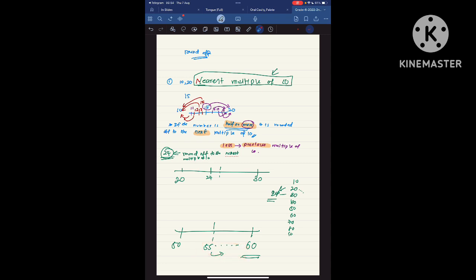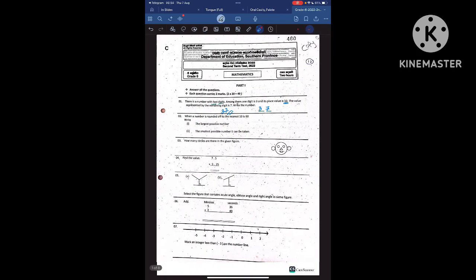Because if the number is rounded off to the nearest 10, and that rounded off number is 60, the number given in the question has to be either 55 or any other number among these. Right? So now write the largest possible number.